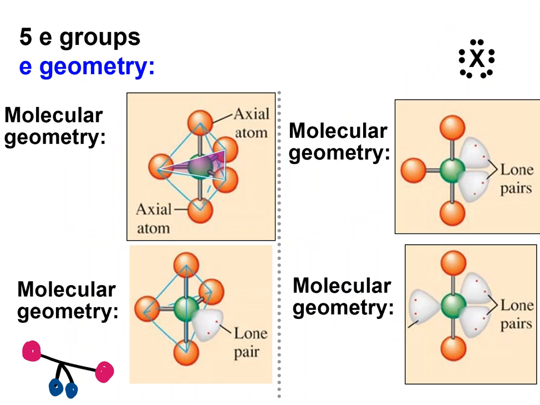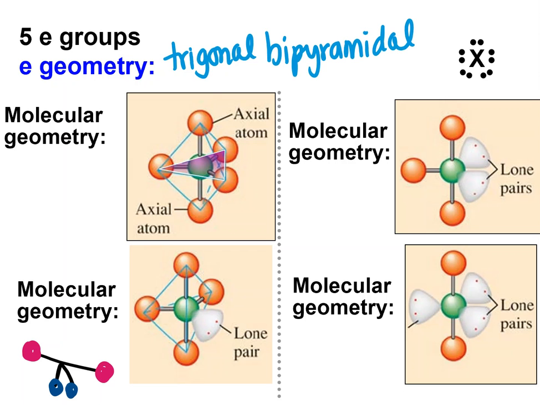Now let's see what happens when you have 5 electron groups. When you have 5 electron groups, the electron geometry is what we call trigonal bipyramidal. And what that geometry looks like is you have a triangle here, and it's a flat triangle on the center, the equator, that's what we say, and it has one going up and one going down.